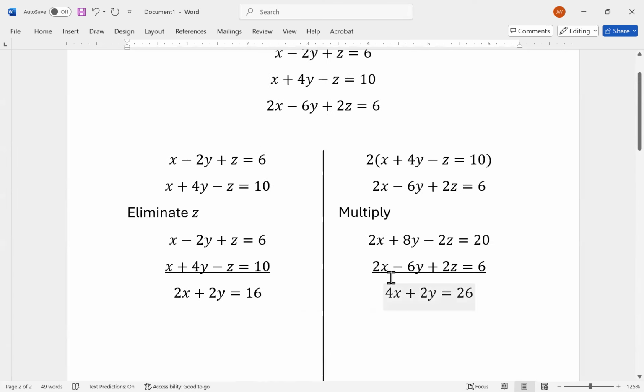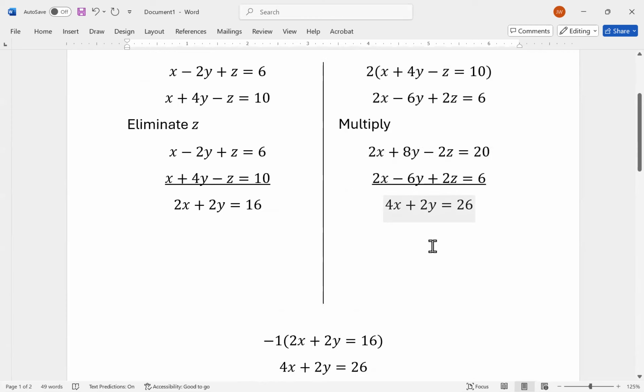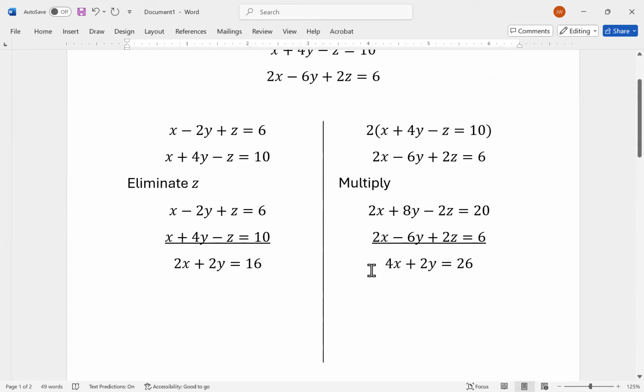But the whole thing hinges on taking two pairs of equations and eliminating the variable z on both of them. That brings us to two equations with two variables, and then we can go from there.